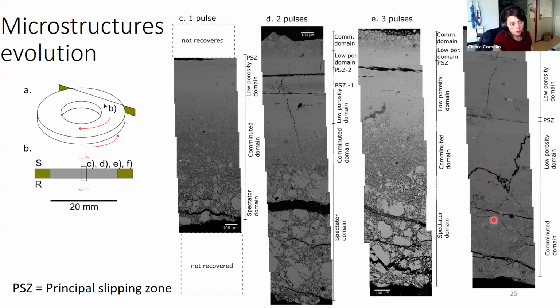We can also see that all the layer of gouge is either sintered or comminuted, so we don't have any spectator domain anymore, meaning no initial material. Basically, we can summarize this microstructure by saying that what started as a gouge material became, by the end of the pulses, something much more similar to a bedrock.